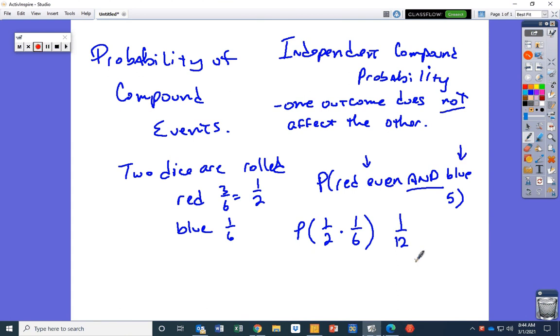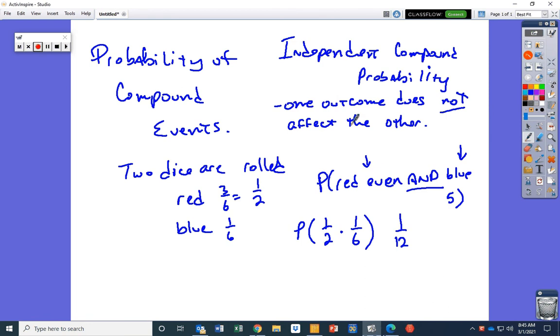If I was to write that as a percent and a decimal, what would that be? 0.083, or about an 8.3% chance, right? And if I round that to the nearest whole percent, I'd have about an 8% chance of rolling an even number and rolling a 5 on the blue one. Does that make sense?